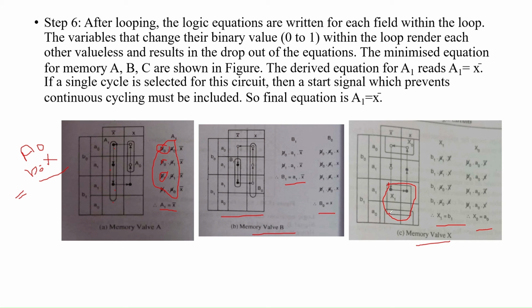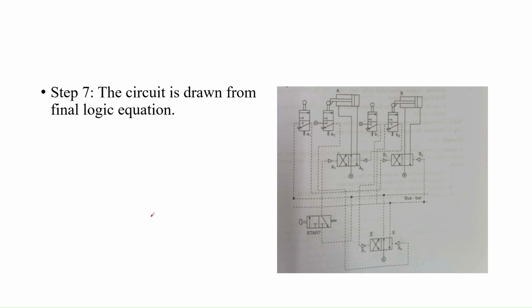We include a power of 2, and this is not any L or U shape. So that's it, and that way we can draw our logic circuit from the equations we got.